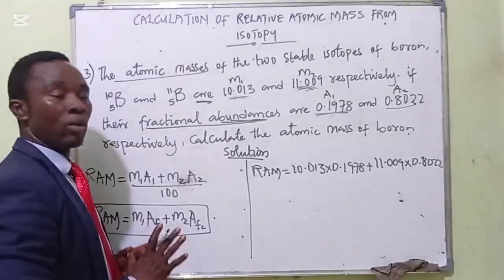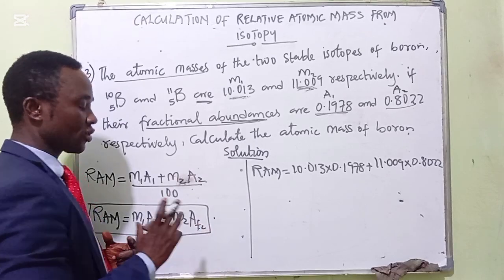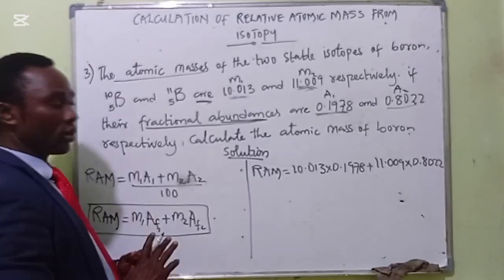You are not dividing by 100 because the abundance is in fraction, not in percentage. Assuming it's in percentage, you would have divided by 100.